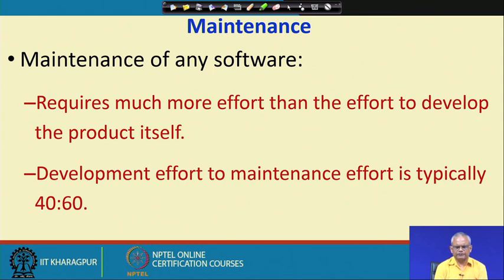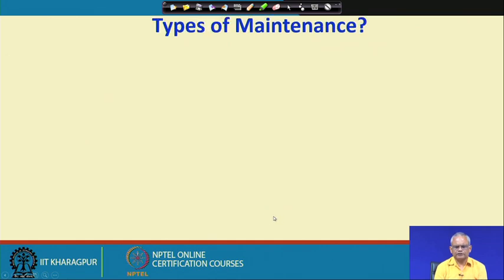The lifetime of the software is large, the development time is only a small fraction of the lifetime, and typically the development effort to maintenance effort is 40 to 60, that is 40% development effort and 60% maintenance effort.